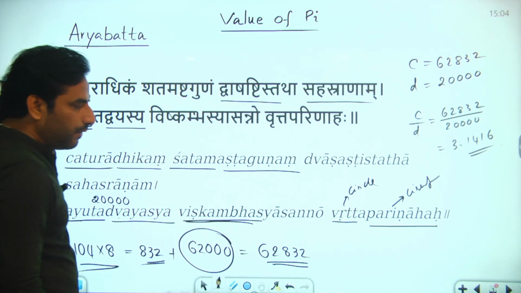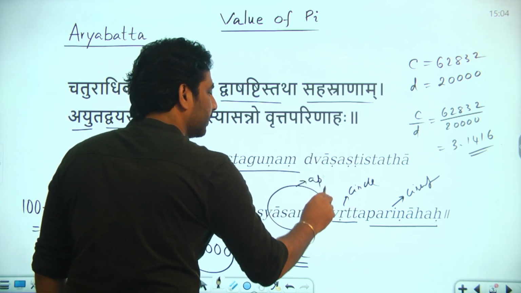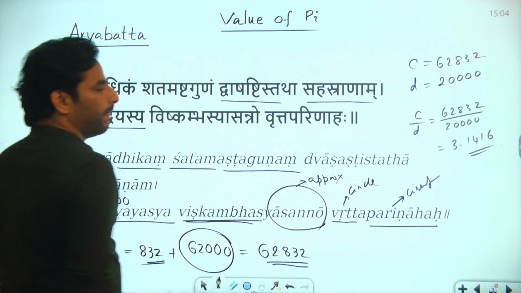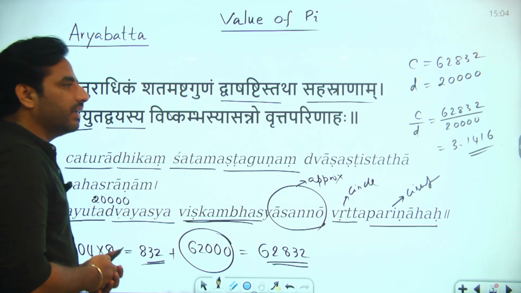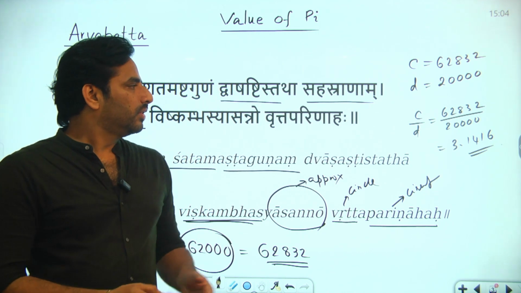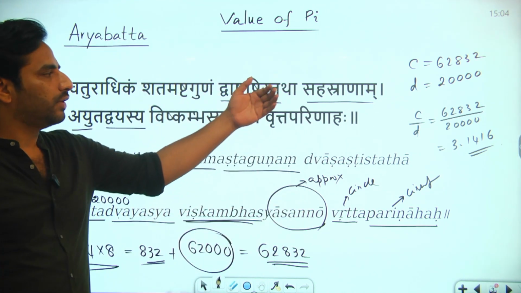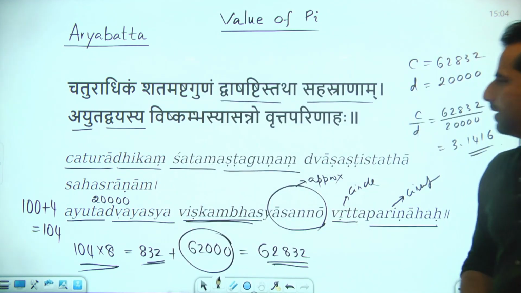This is the approximate value of pi, and he did not say this is the exact value of pi. He is very careful in using the word asannau, which means approximately. So the approximate value of pi given by Aryabhatta is 62,832 by 20,000, which is again the ratio of circumference of the circle to the diameter, and which is 3.1416.